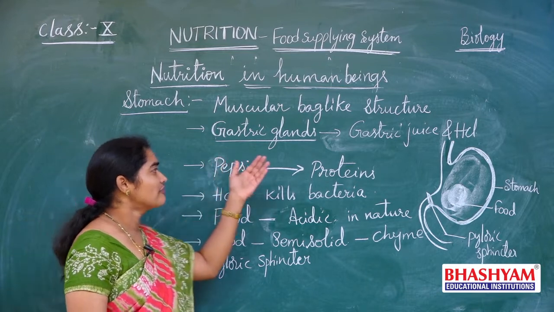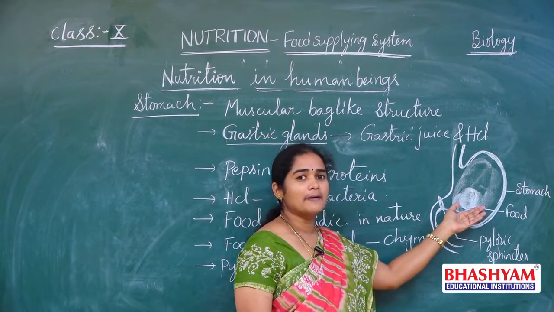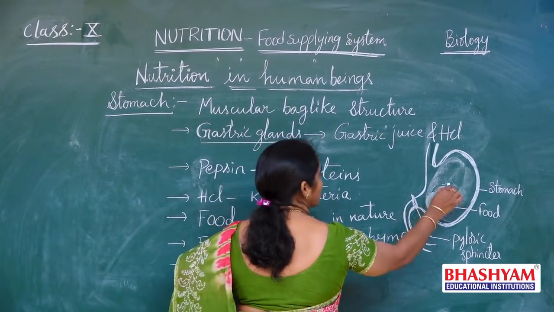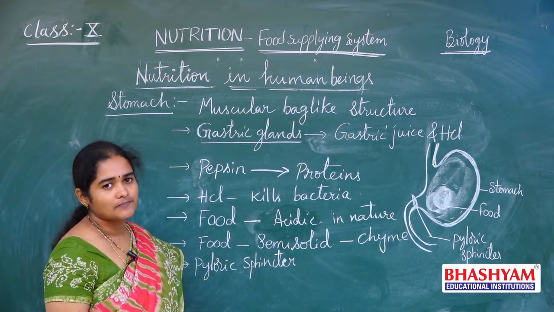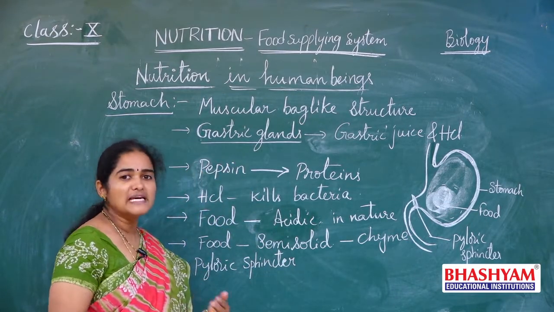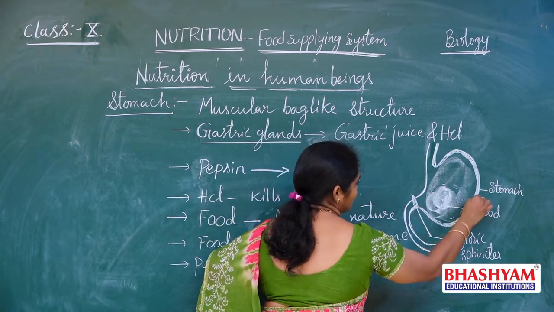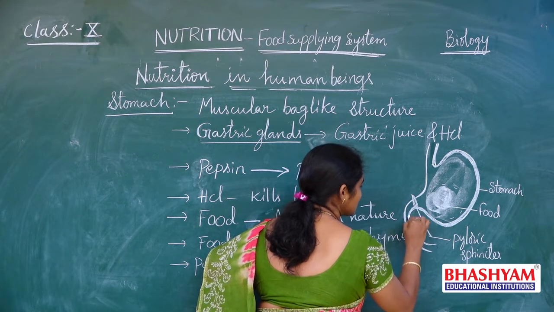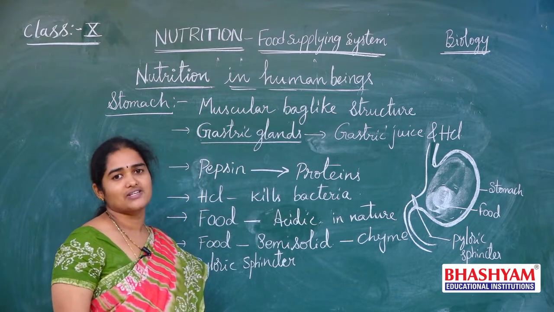So generally food from the esophagus passes into the stomach by a peristaltic wave-like movement, and now the food which will be stored temporarily in the stomach will be churned or mixed by the movement of muscles present in the stomach. As we know that all the structures are made with muscles, this stomach is also a muscular bag-like structure.